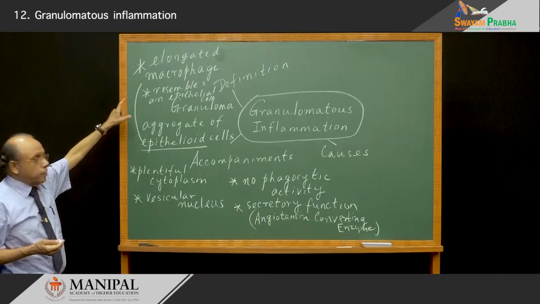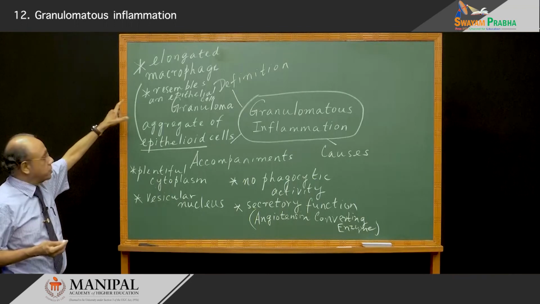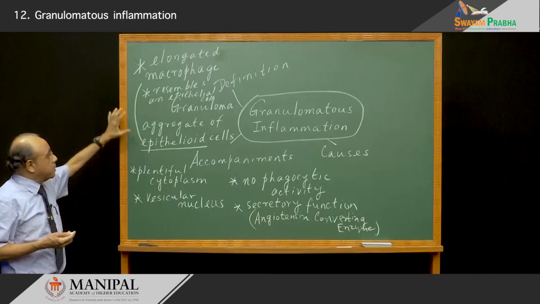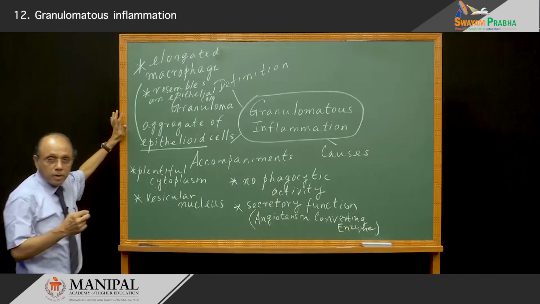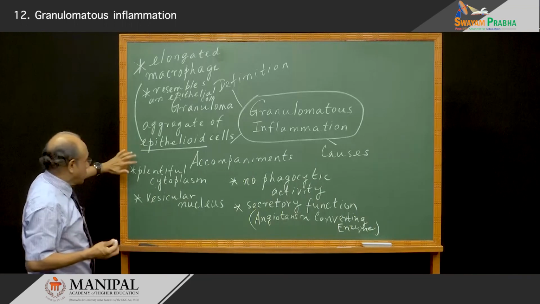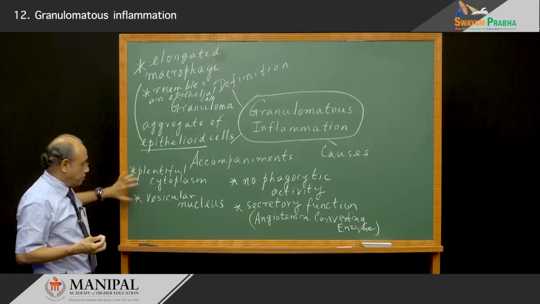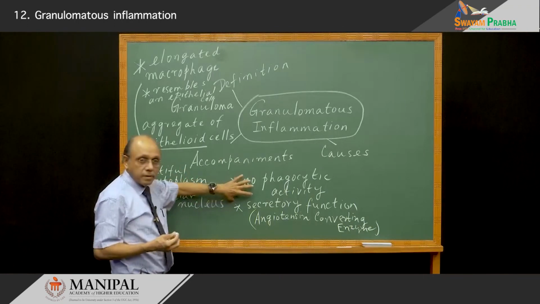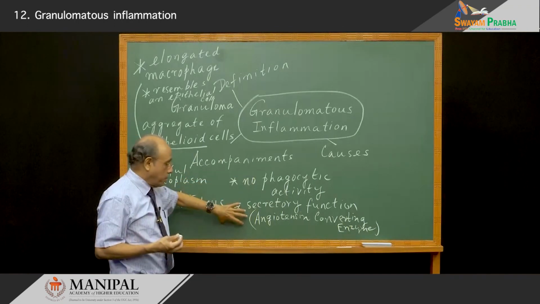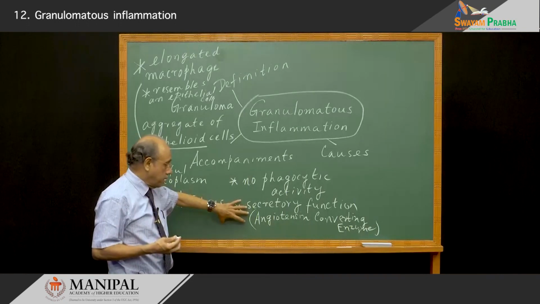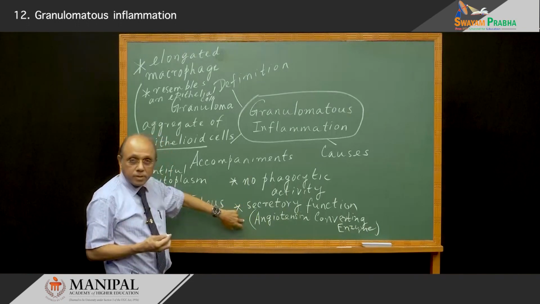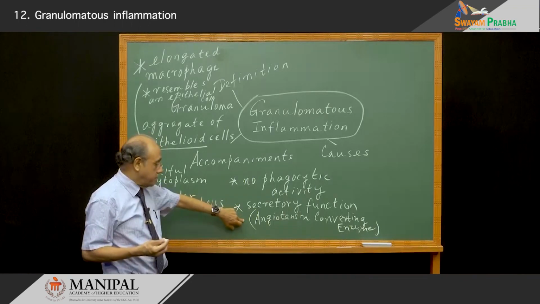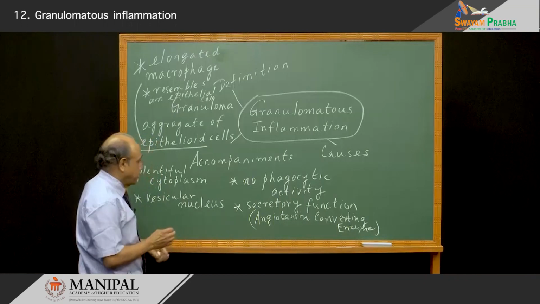So, these are the attributes of the epithelioid cell. It is a macrophage, it is an elongated macrophage, it resembles an epithelial cell, therefore, it is called epithelioid cell. It has got plentiful cytoplasm and it has got a vesicular nucleus. It has no phagocytic activity, but it has secretory functions, and the most important, well known product of the epithelioid cell is the angiotensin converting enzyme.